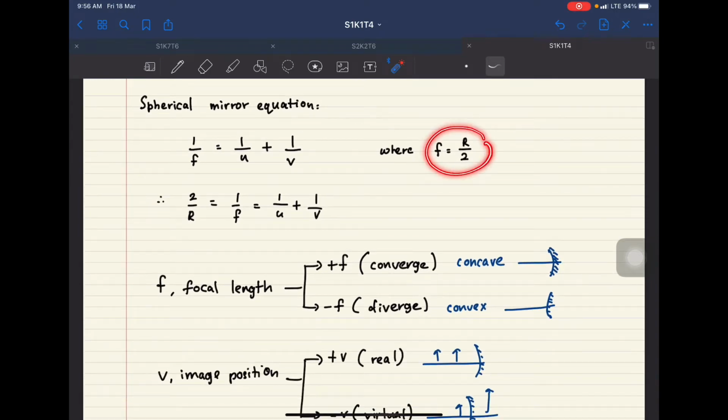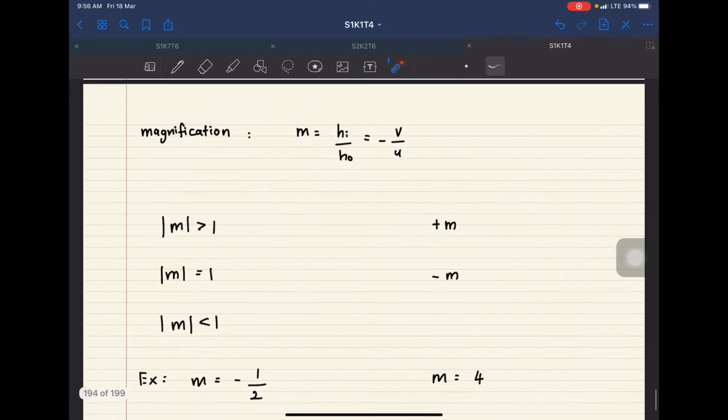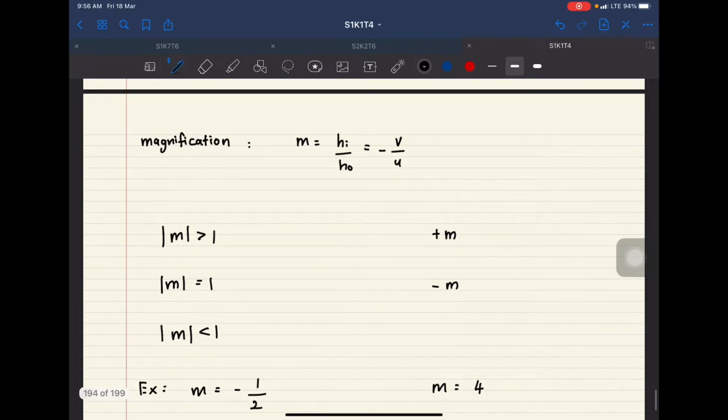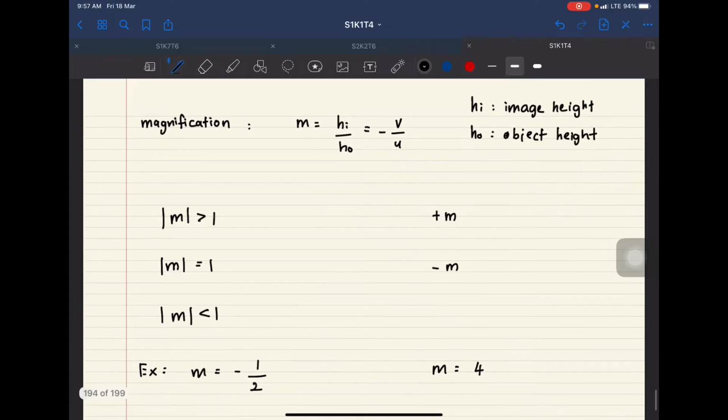Yesterday it was about this one, today we learn this one, and another one is this one, where m equals hi over h naught, and also negative v over u. m is the magnification itself, hi is the image height, h naught is the object height, and v is the position of the image and u is the position of the object, same as before.